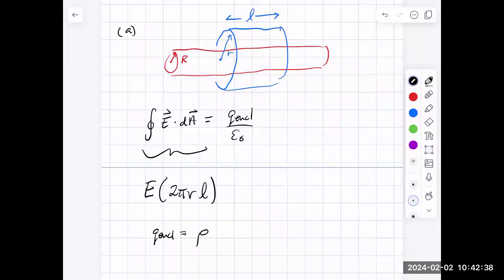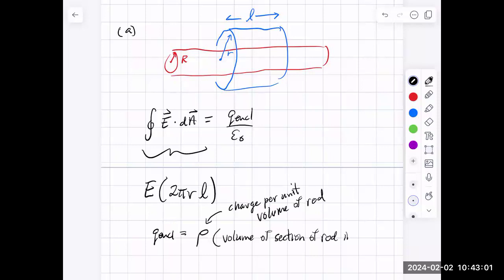So Q enclosed is going to be rho, the charge per unit volume of our rod, times the volume of the section of rod inside our blue Gaussian surface.